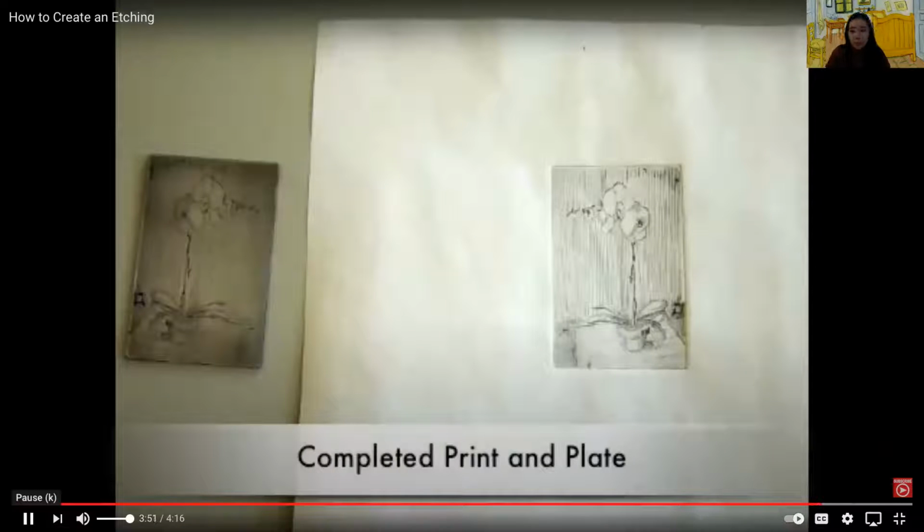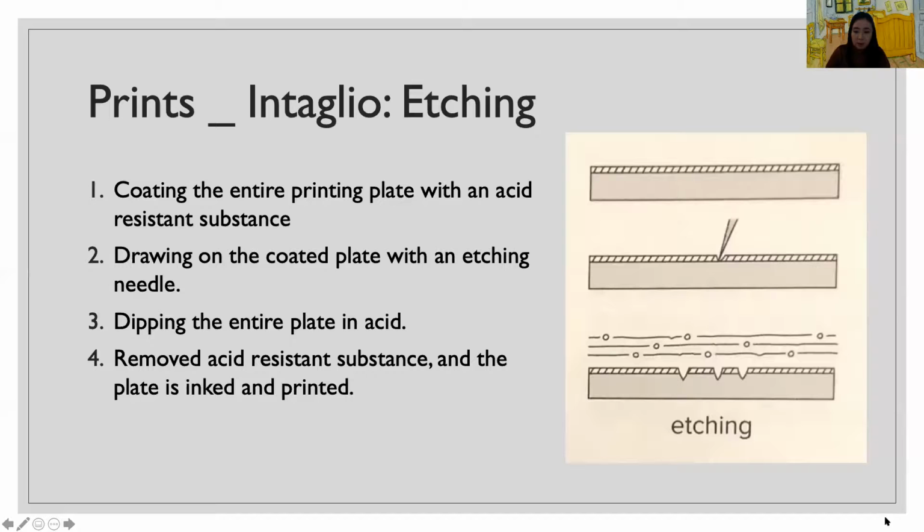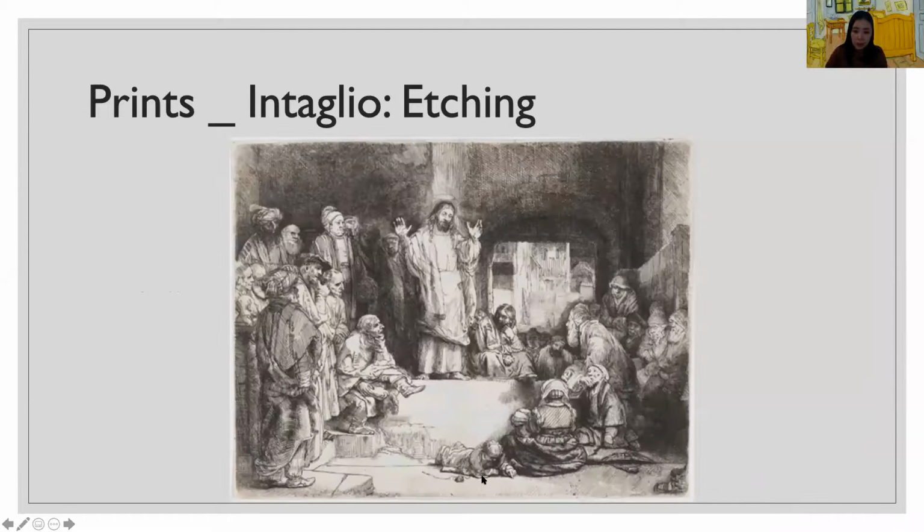Here's a look at the completed print and the plate beside each other. All right, so that was the etching. So there is one difference, using the acid, between the dry point and the etching. So here is the etching printing work.